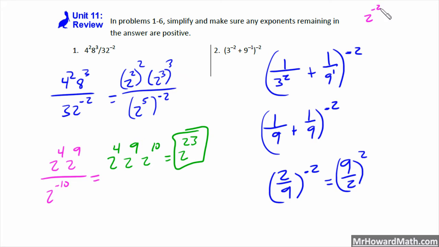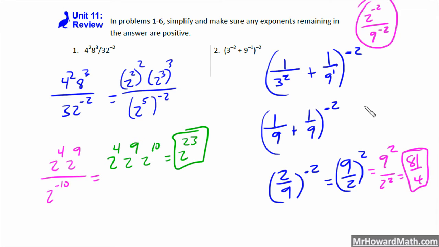So if we bring the negative 2 in to the numerator and denominator, we end with this, and we have a 2 to the negative 2 power on top, so it goes to the bottom as 2 squared, and the 9 to the negative 2 power on bottom comes at the top as 9 squared, and that's our next step here. So 9 squared 81, 2 squared 4, final answer 81 over 4. So instead of doing this, we just went straight to this. Either way, get the same answer, 81 over 4.